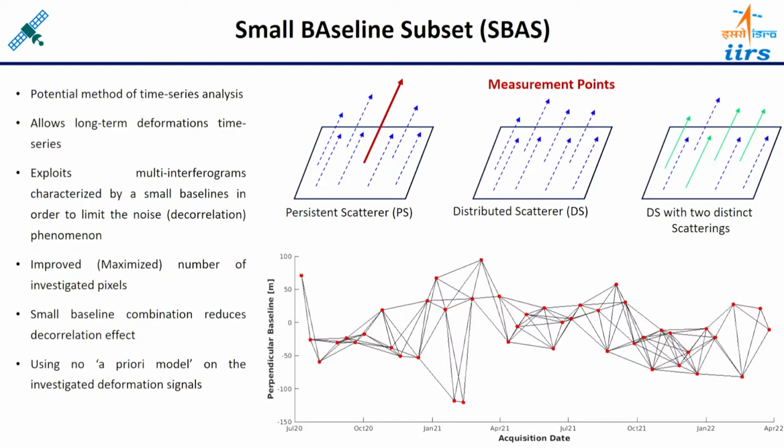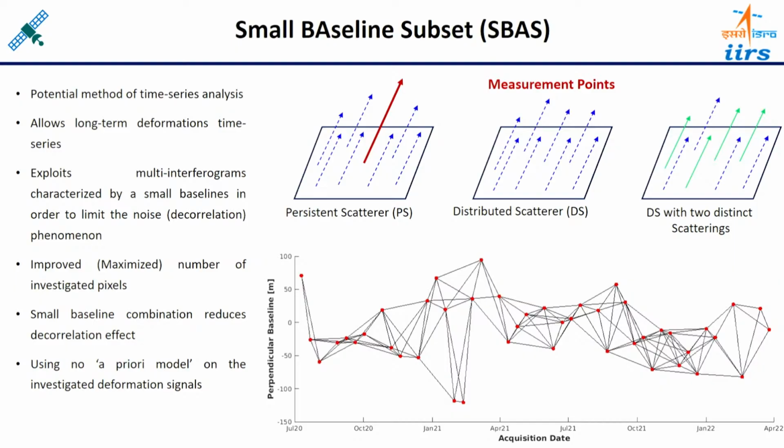The plus point is, all the baselines are small, that's why the signals are highly correlated, highly coherent, and hence you will get sufficient points of measurement and you can get better outputs. But the drawback is that more interferograms are there, so it becomes very difficult to handle them.